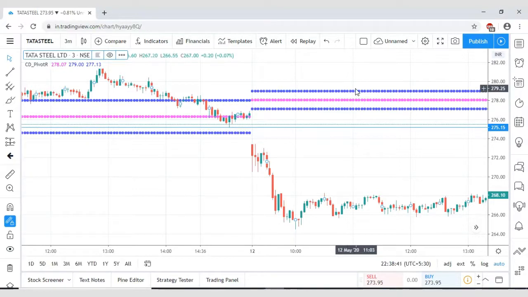Based upon the next day's opening, we can tell whether it is a top central pivot or bottom central pivot. By seeing this range, what you need to understand is this is TC and this is BC.